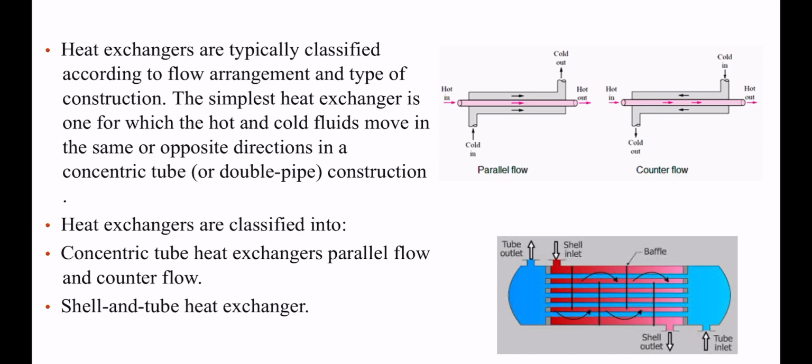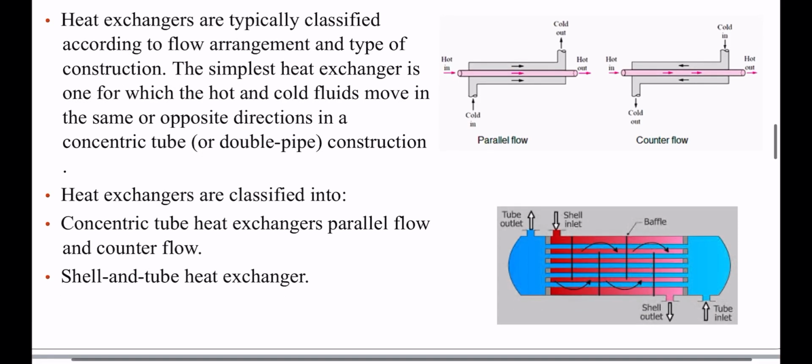So we have here a simple graph of hot liquid or hot gas going in the same direction as the cold liquid or cold gas, which we call the parallel flow. And the opposite, we have the counterflow, in which one fluid moves in a certain direction and the other one moves in the opposite direction.